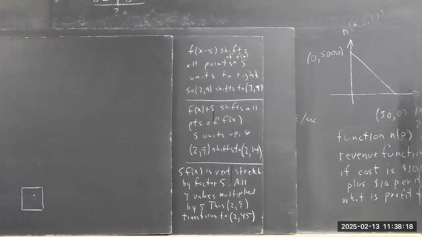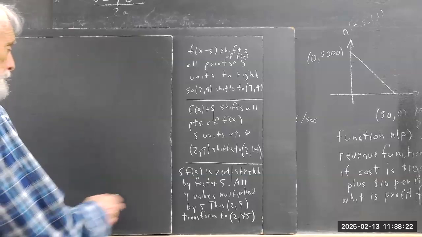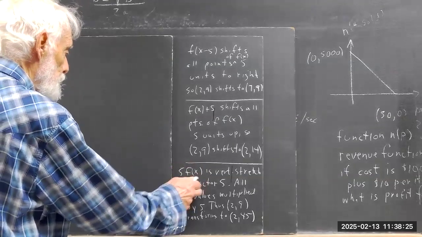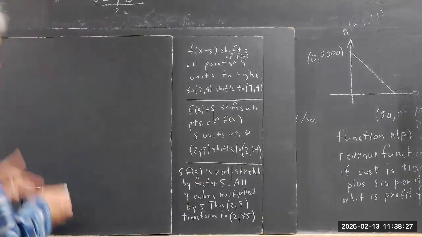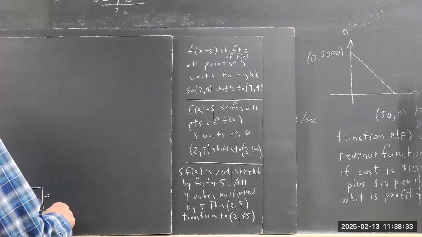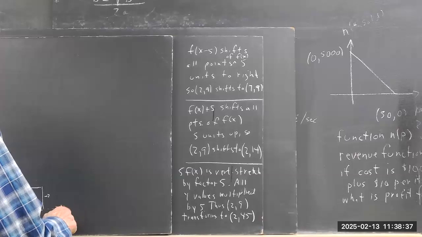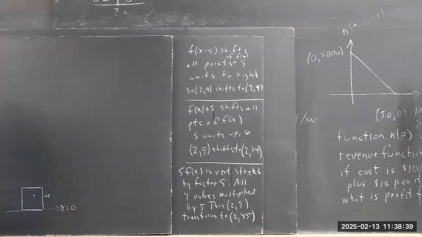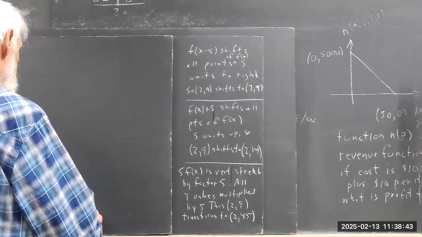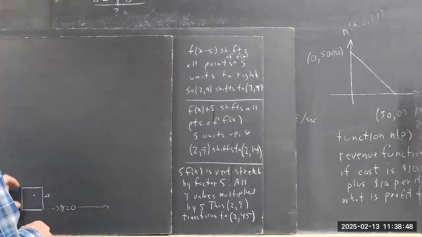Whatever shape the function has, this then by the stretch becomes vertically stretched by factor 5. All y values are multiplied by 5. And we will assume that this is the line y equals 0, which is the x-axis. Then this thing becomes 5 times as high.